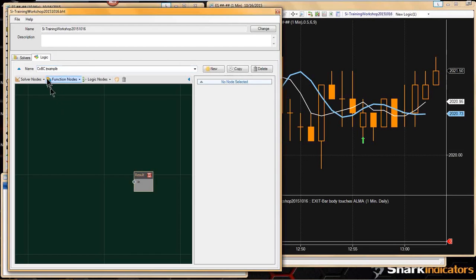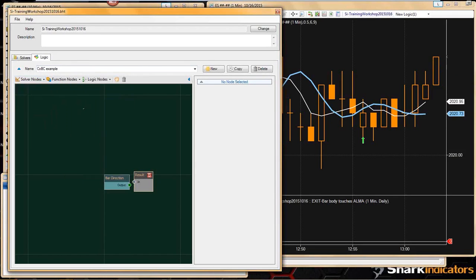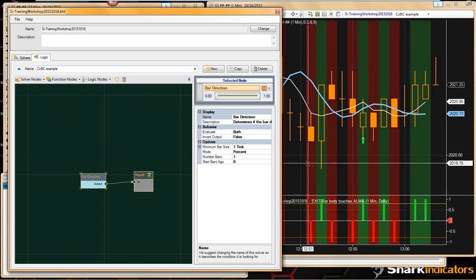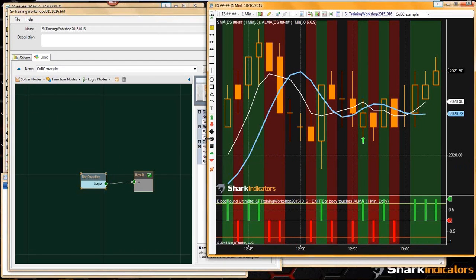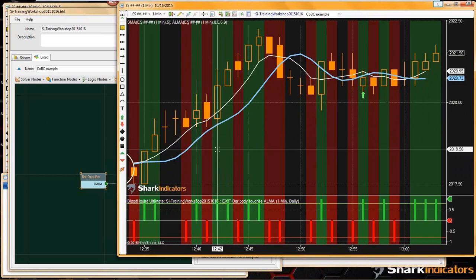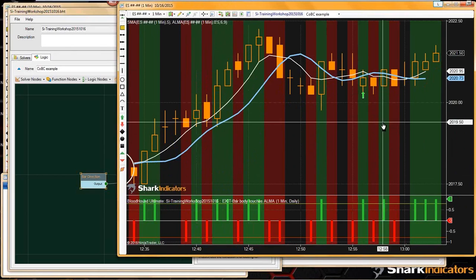I'm just going to generate a little calculate on bar close example here, using the bar direction solver. The bar direction solver is a pretty simple solver. It just tells you the direction of the bar. You can see all up bars are long, all down bars are short.